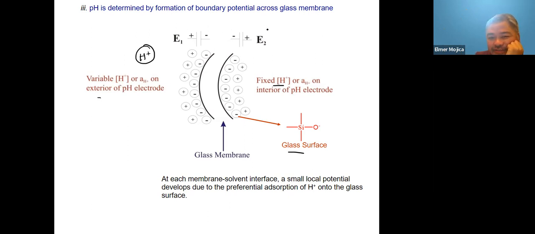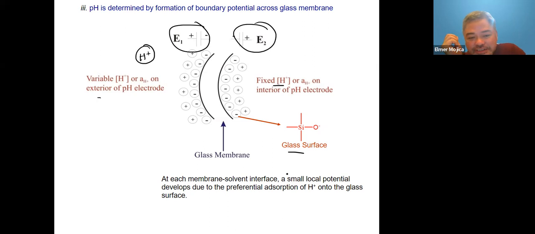So what they do is they look at the difference doon sa potential ng nasa glass surface at doon sa sample mo. So at each membrane solvent interface, a small local potential develops. So kapag hindi sila pareho, that's where potential comes in. It develops due to the preferential absorption of H plus into the glass surface.